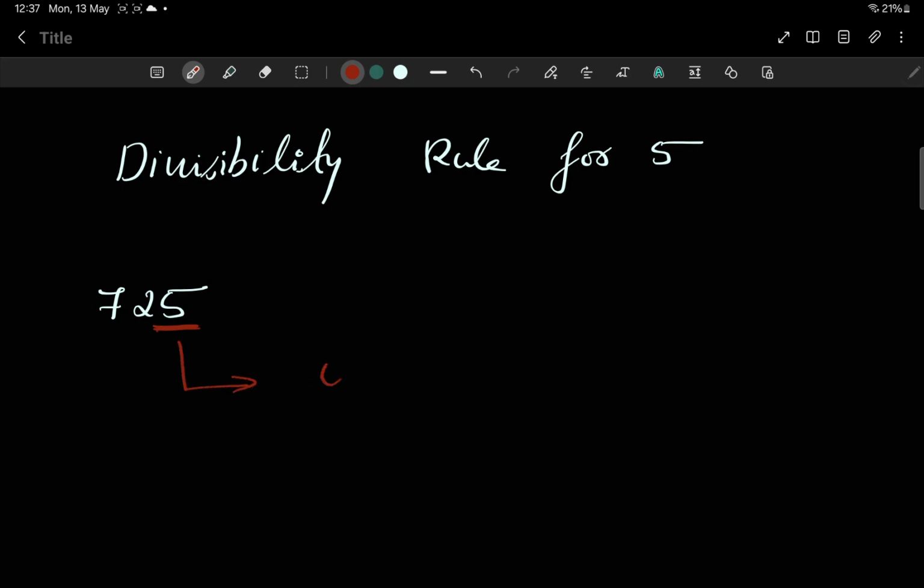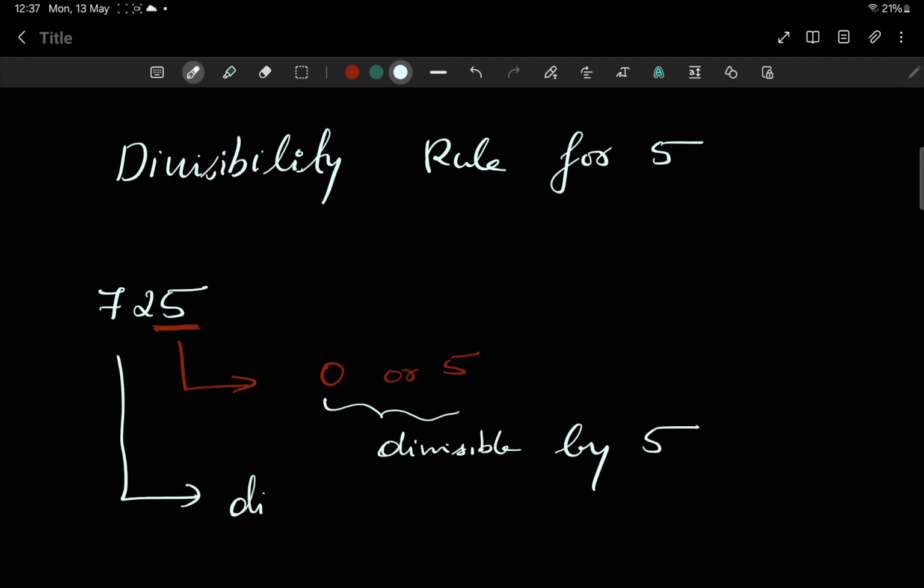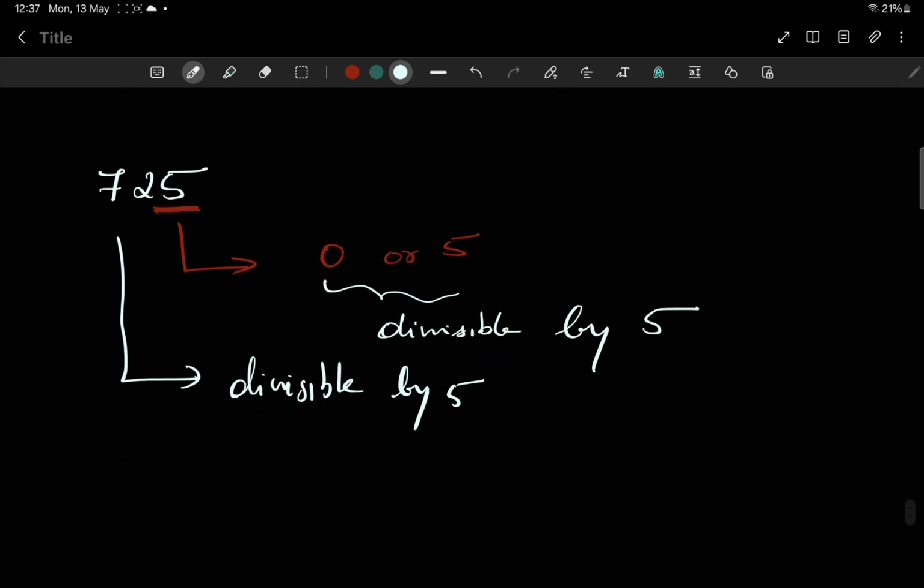So if it is 0 or 5, then that number is divisible by 5. So therefore 725 is divisible by 5.